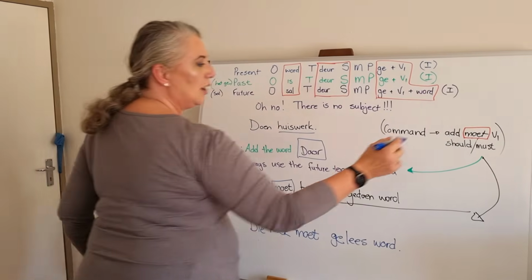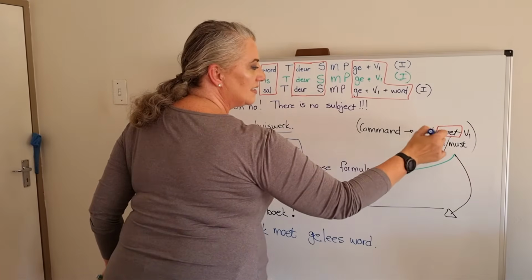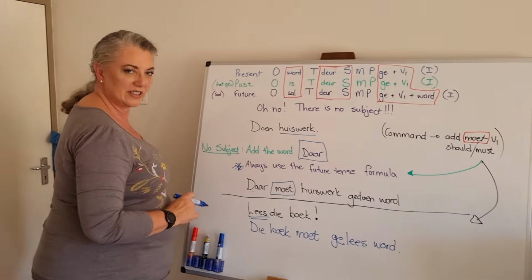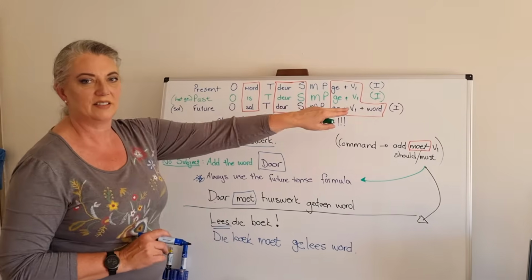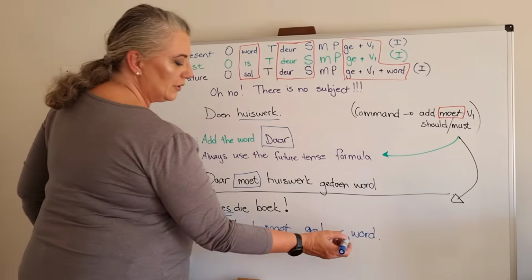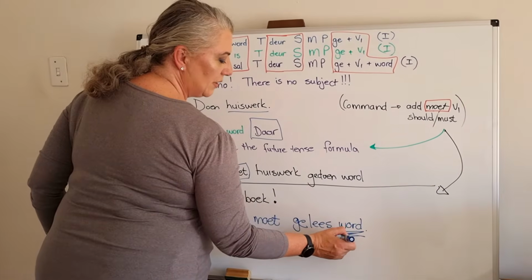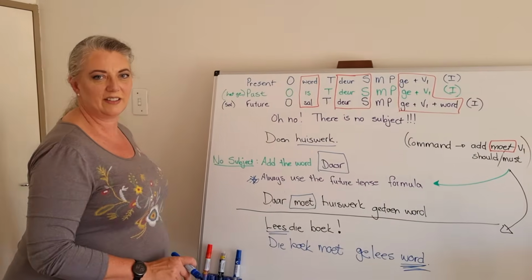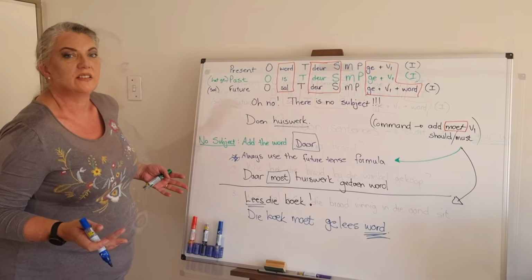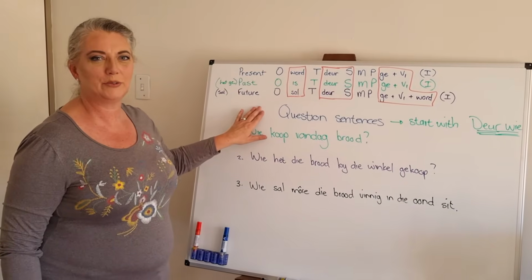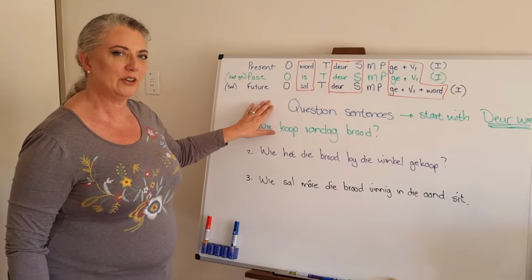Can you see how moet is essential when we have a command sentence? And we always use the future tense formula, so we do not forget to add word at the end. Now what about question word sentences in active or passive voice? Let's have a look.